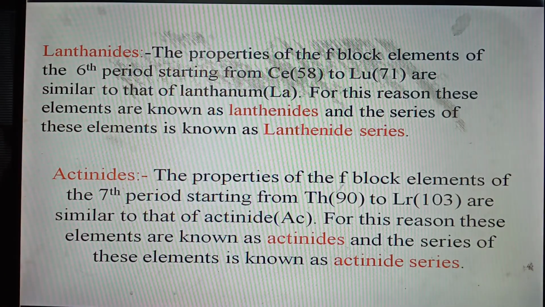Now let us make clear what lanthanides are. Practically, the properties of the f block elements of the 6th period, starting from cerium 58 to lutetium 71, are similar to that of lanthanum. For this reason, these elements are known as lanthanides, and the series of these elements is known as the lanthanide series.